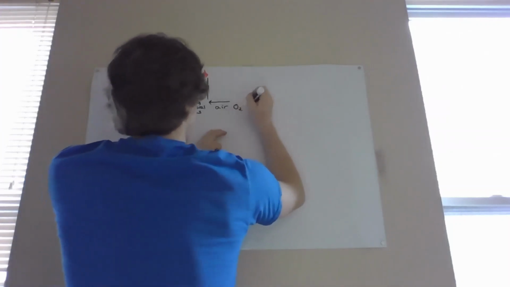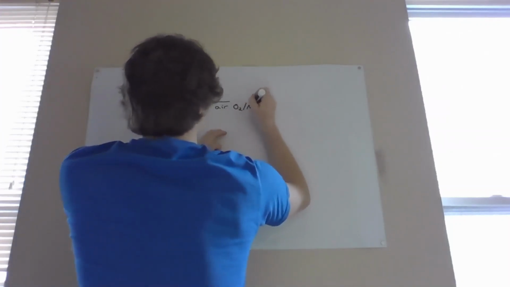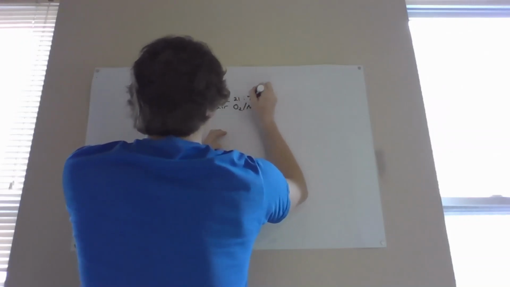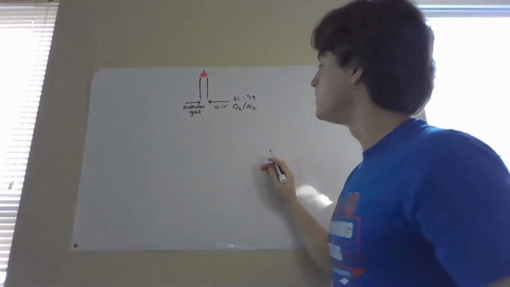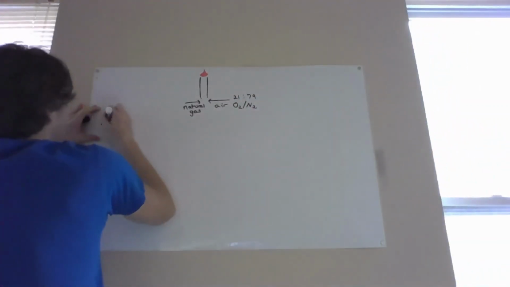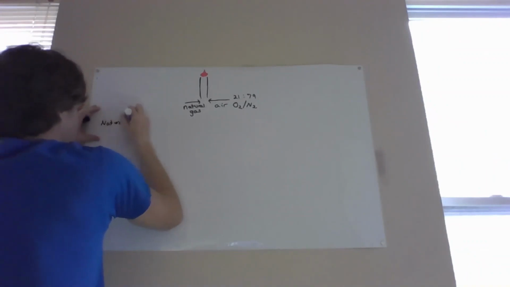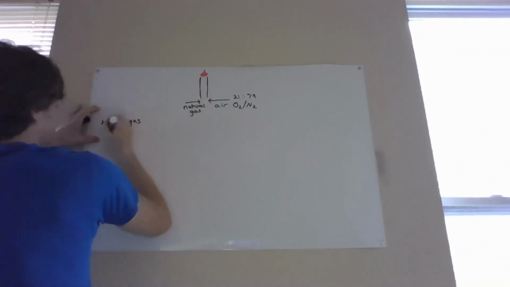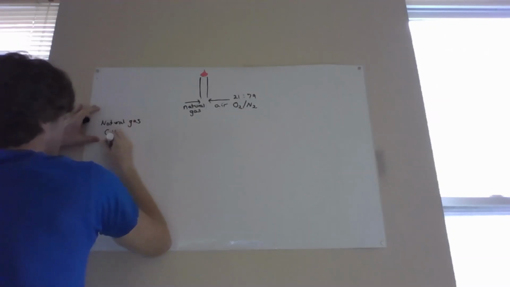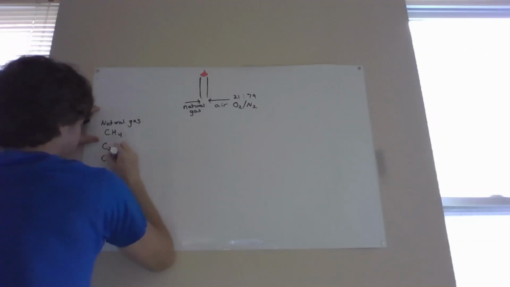The composition of the air is oxygen and nitrogen in a 21 to 79 mole ratio. Our fuel, which is natural gas, will be composed of methane, ethane, and propane.